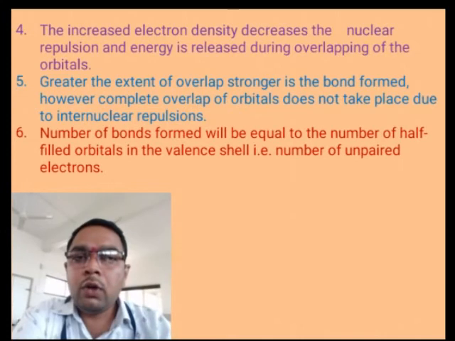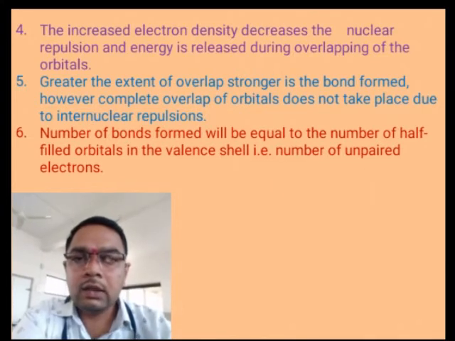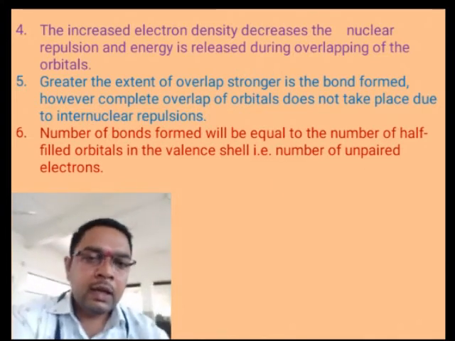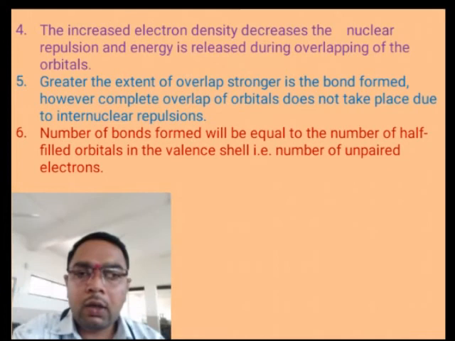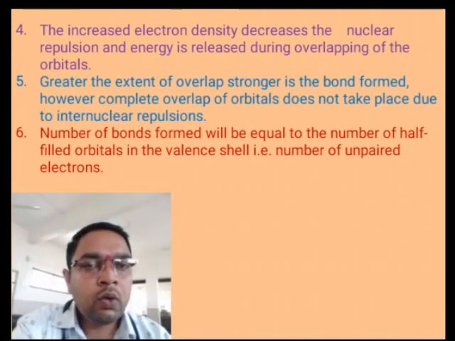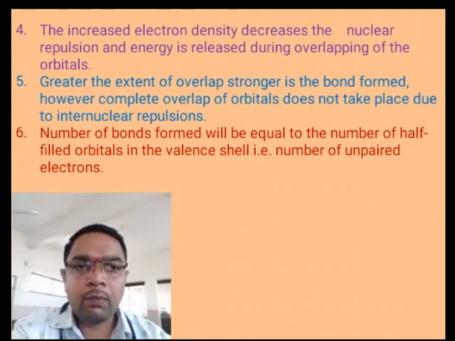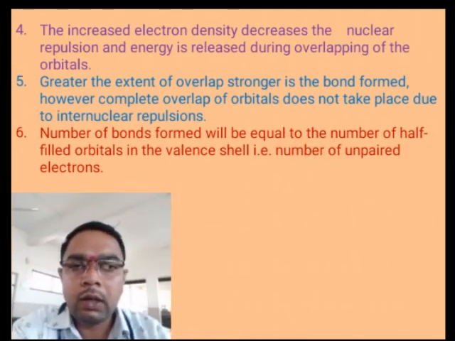The number of bonds formed is equal to the number of half-filled orbitals in the valence shell, that is, the number of unpaired electrons. If one unpaired electron is present in the valence shell, only one bond is formed. If two unpaired electrons are present, two bonds are formed.